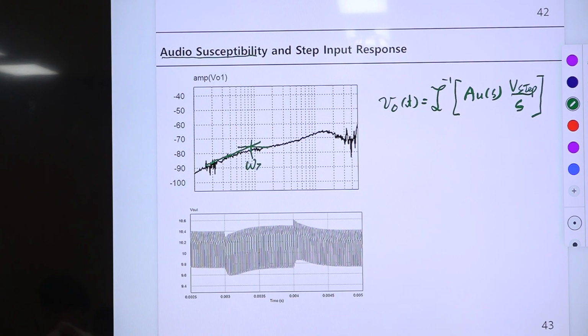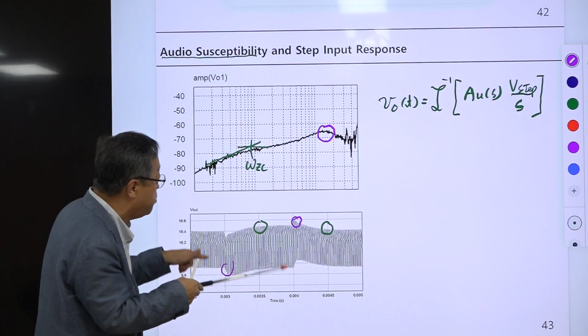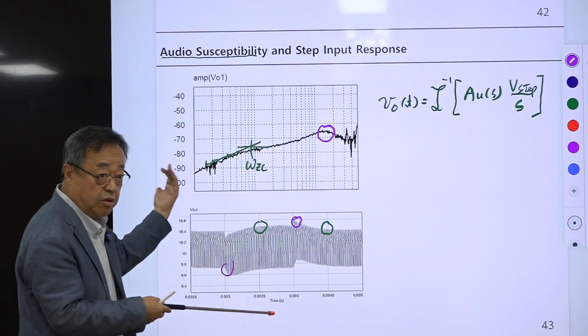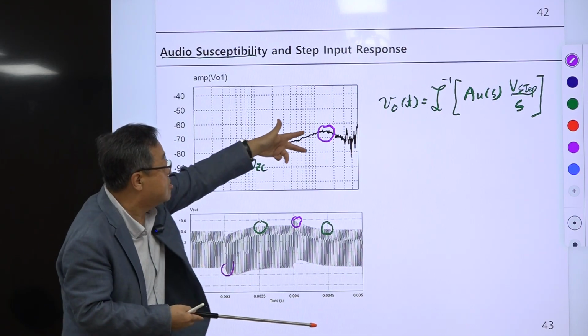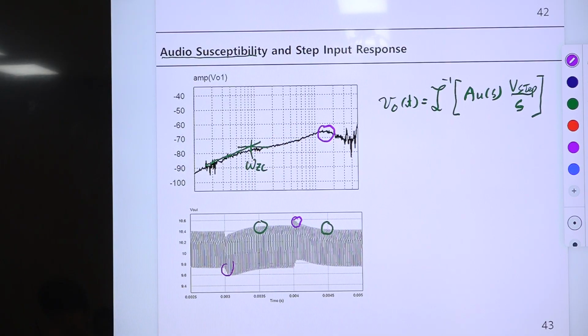So this omega GC is determining behavior here, and this double pole occurs at the loop gain crossover frequency, I don't know, somewhere here. Okay, they are different. The pattern is different. Okay, but the second order behavior, oscillatory behavior, is much weaker than the previous case because this peak is very small. Okay, maybe almost no peak here.